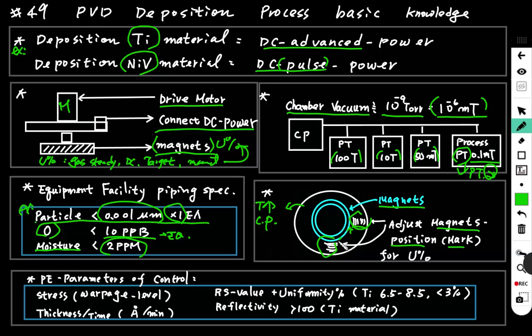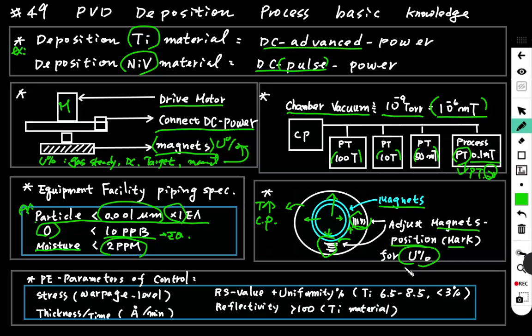We keep the mark because the magnet can move this way and that way to adjust just for the uniformity.